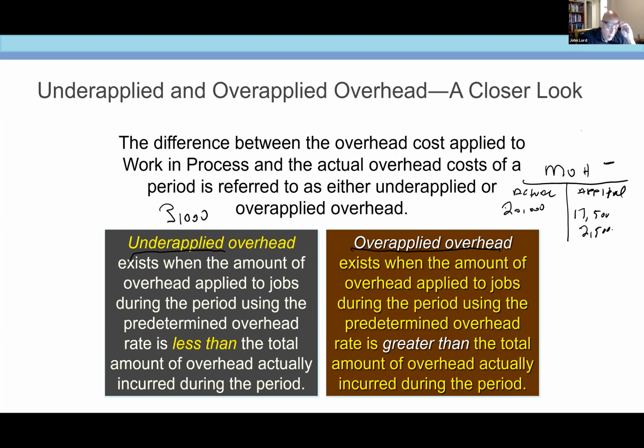Okay, good. So I go ahead and I credit this 2,500 to make it balance, right? Now, if I credit something, do I have to debit something? What happens if I credit something and I don't debit it?